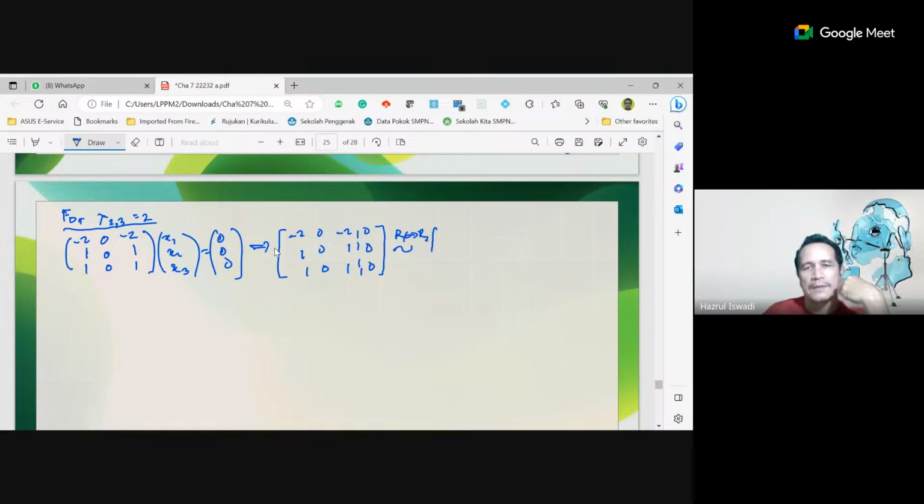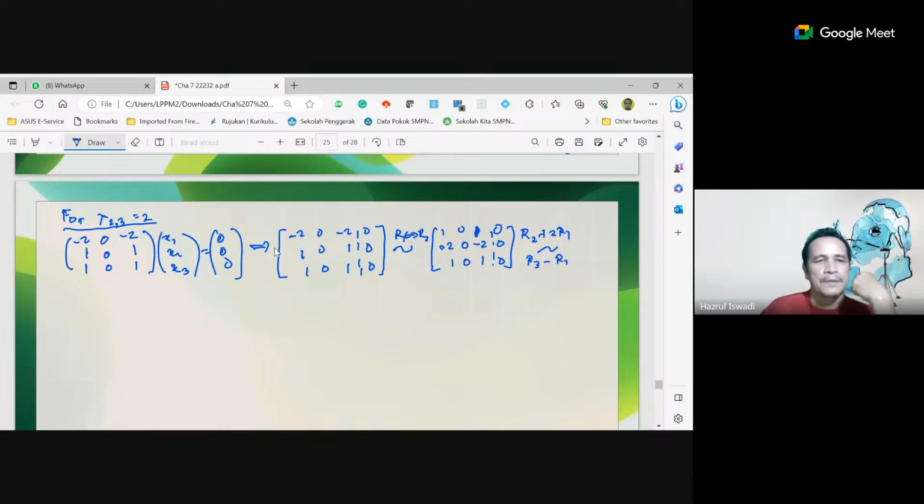We have 1, 0, 0, 1, 0, 1, 0, minus 2, 0, minus 2, 0, 1, 0, 1, 0. So we add 2 R1 to R2 and R3 minus R1.